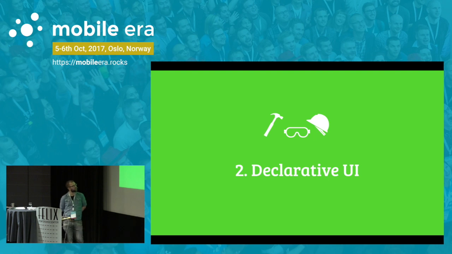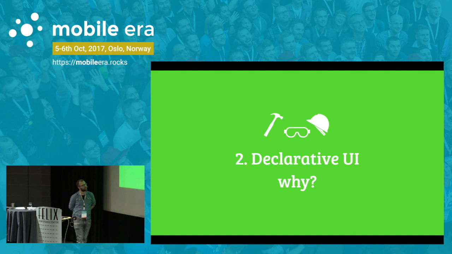Doing things vanilla is definitely nice, but there's also a drawback: you can't really look at a UI in a code review and imagine exactly what it's going to look like, because there are so many different things to look at to actually understand it. So that's basically the why. And we also wanted something that would be easy to change, or something that could respond to change very easily.